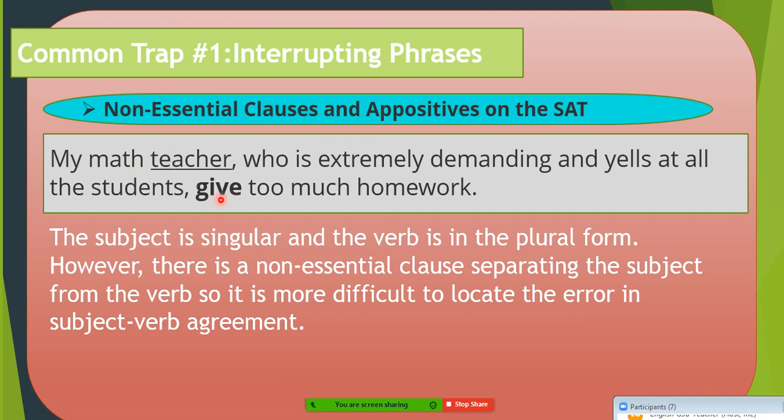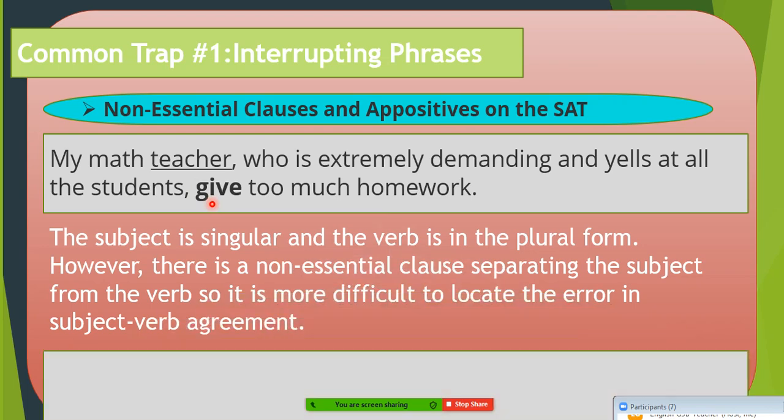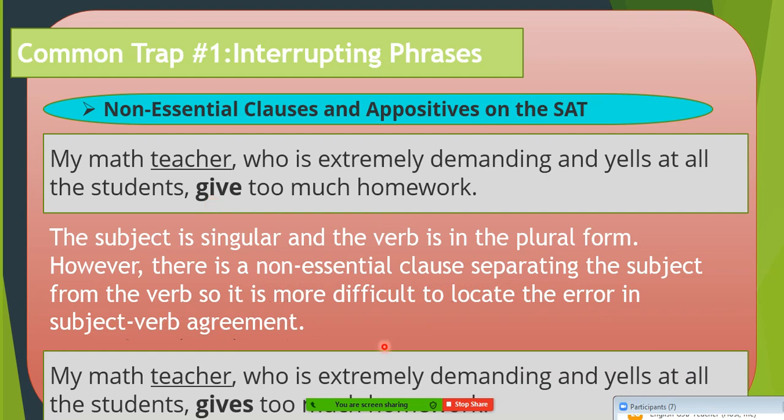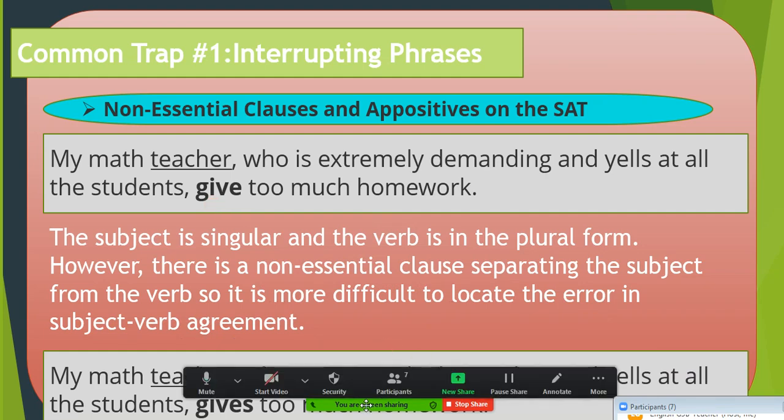Extremely demanding and yells at the students? That part of the sentence. Okay, where is the mistake here? In which part? In this part that you have read, the relative clause, who is extremely demanding and yells at all the students?